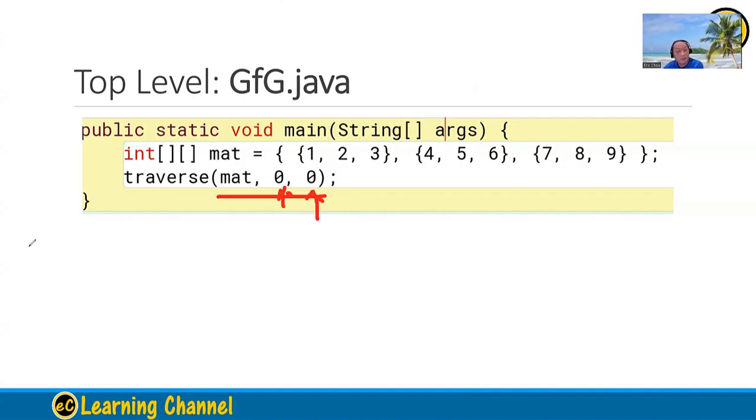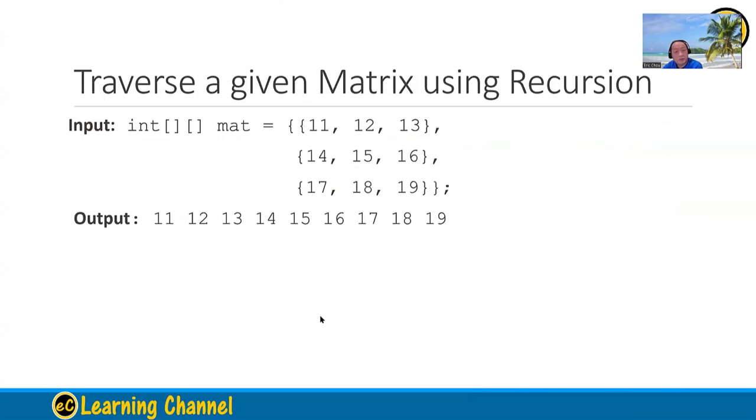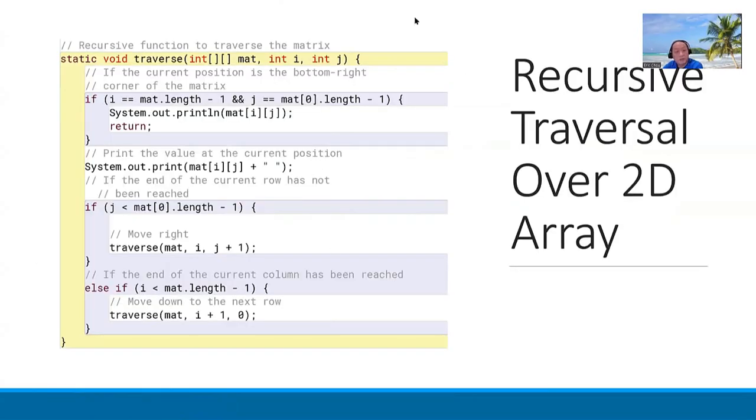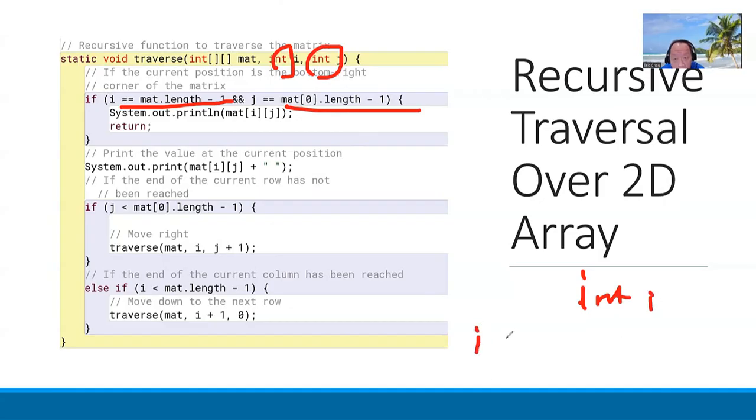You just need to make sure that your termination condition covers the special I, J combination. If you have only one index, usually it's I greater than or equal to the length. That is the termination condition.